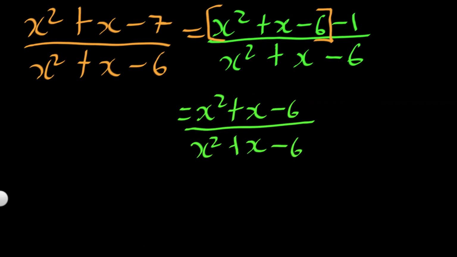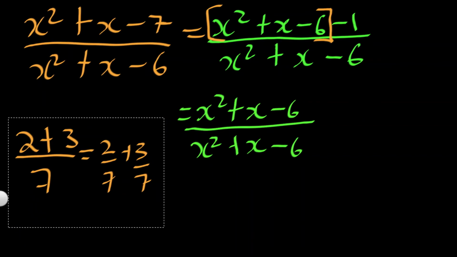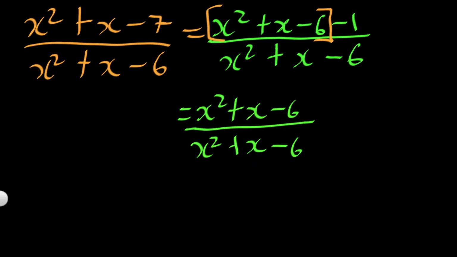We can do this. I just want to highlight numerically: if I have 2 plus 3 over 7, this equals 2 over 7 plus 3 over 7. We are allowed to do this. It is proper mathematics. That's what I'm simply doing here, but with algebraic expressions.